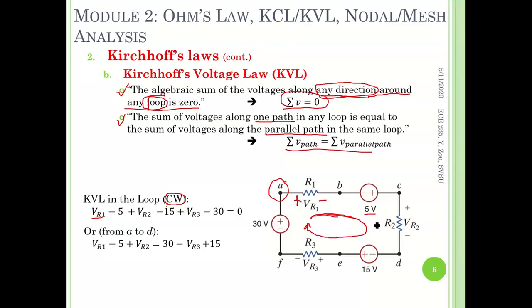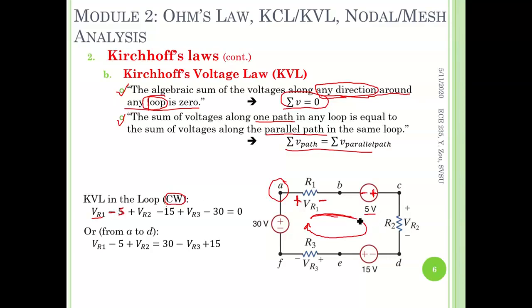The polarity of this source is negative first, followed by positive, again in terms of the rotation direction. Therefore, we flip this 5 volts by giving a negative sign in front of it.